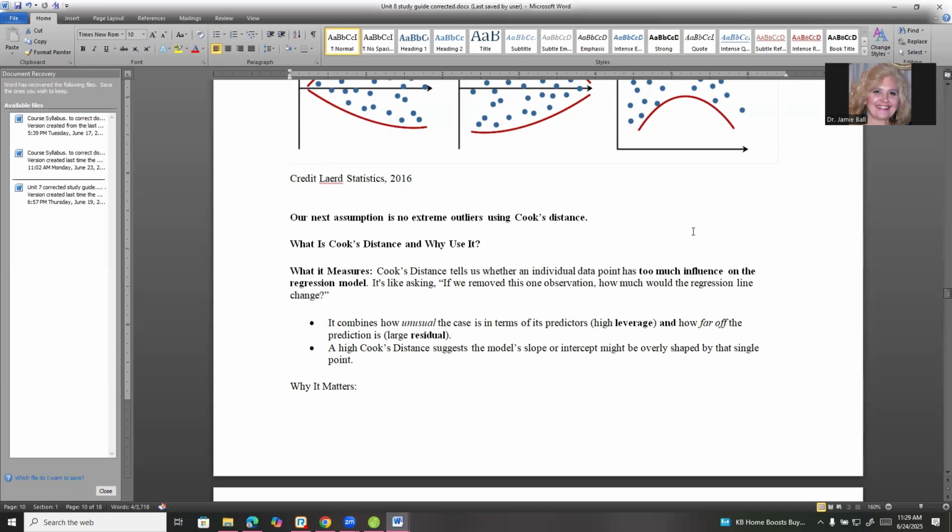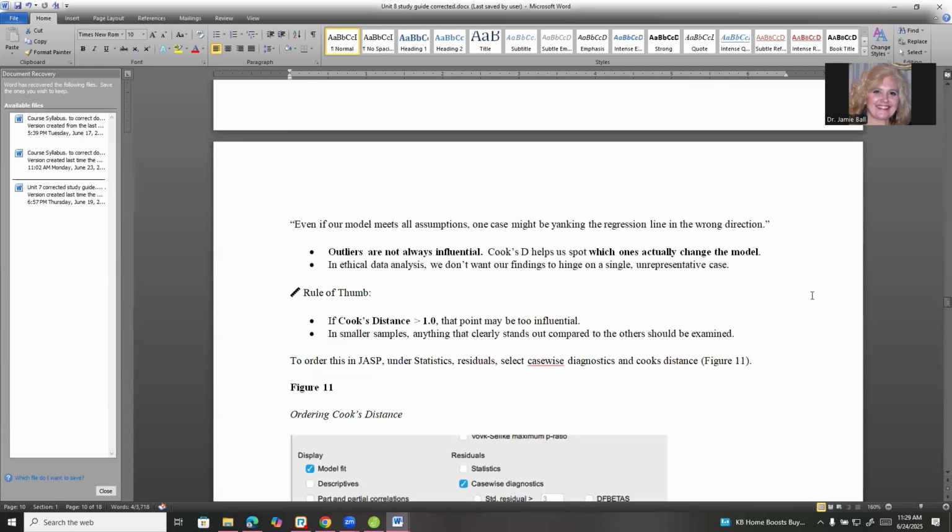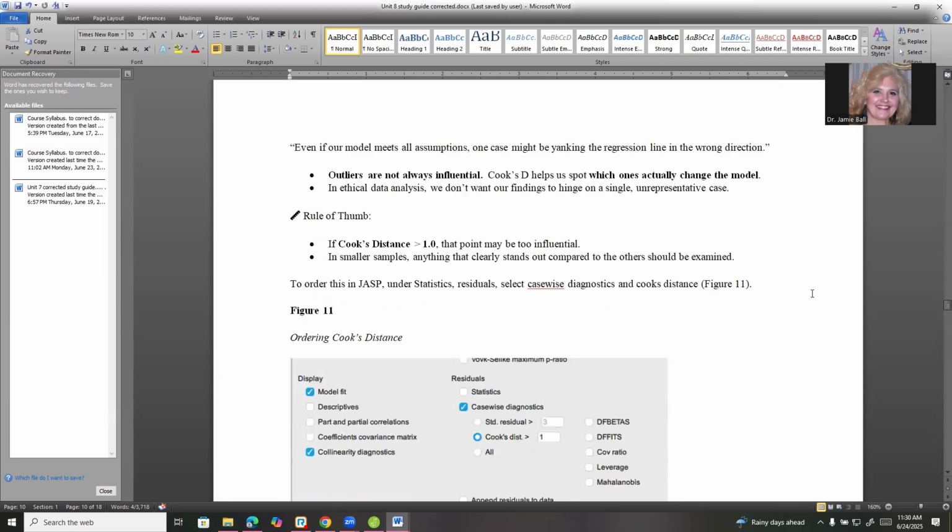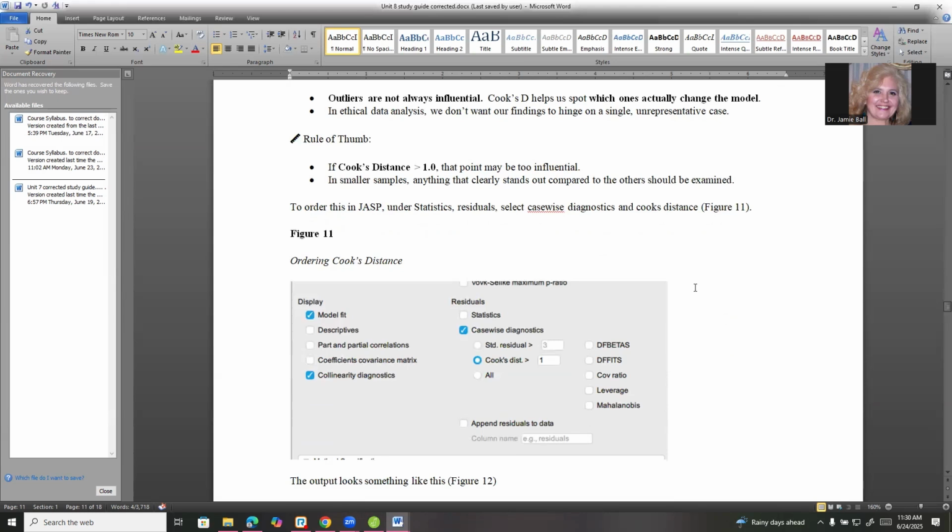So it's like asking, if we removed this one observation, how much would the regression line change? Okay? Not all outliers are influential, and Cook's distance helps us spot any ones that are actually hurting our regression model.